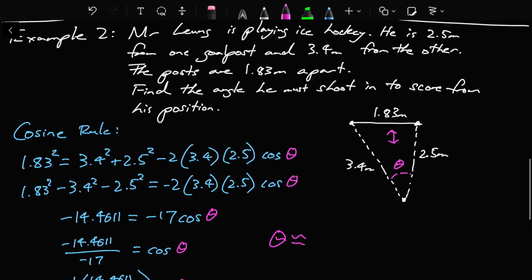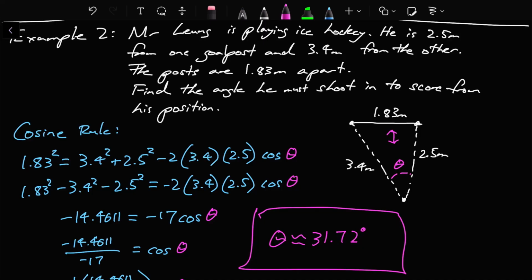Most of the time with sine and cosine, we assume we're working with degrees. Roughly about 31.72 degrees. That's the angle that he's allowed to look in between. If he overshoots that, he might miss. So that's our answer.